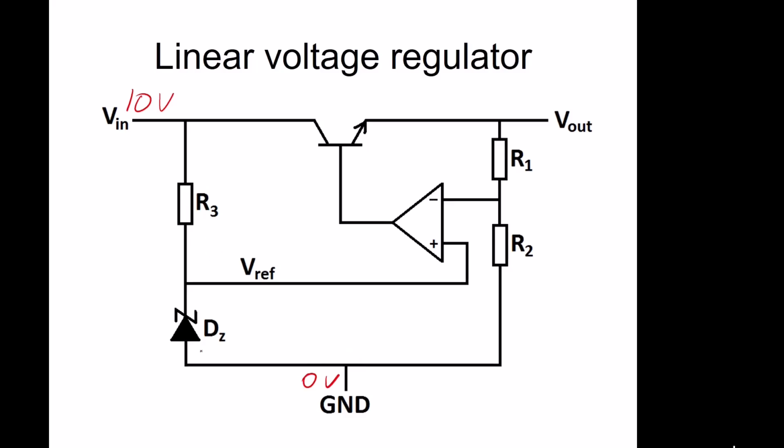If these were two resistors, here and here, then the reference point would be a fraction of that voltage drop. However, that voltage would vary if this voltage varies.